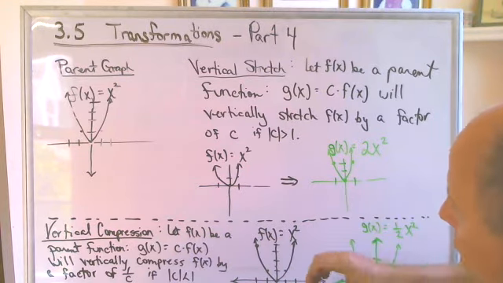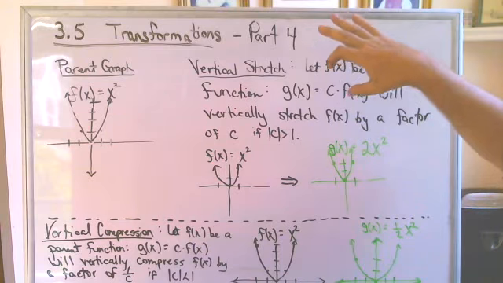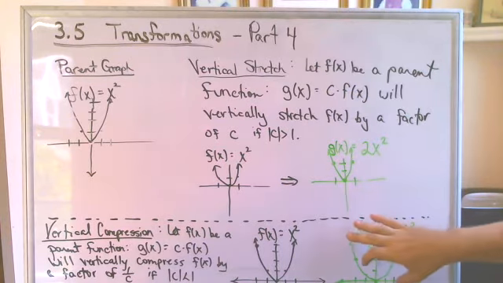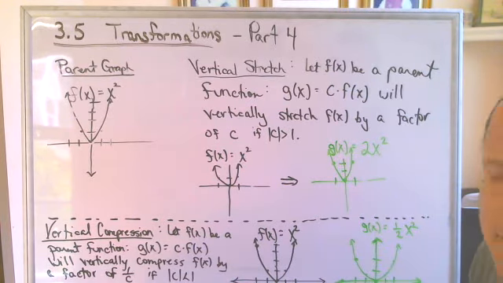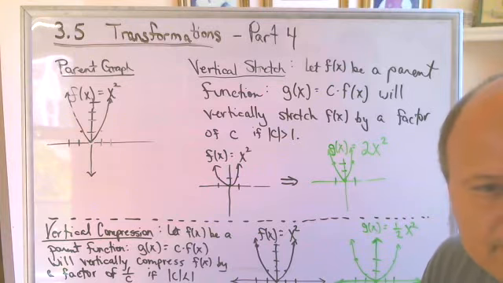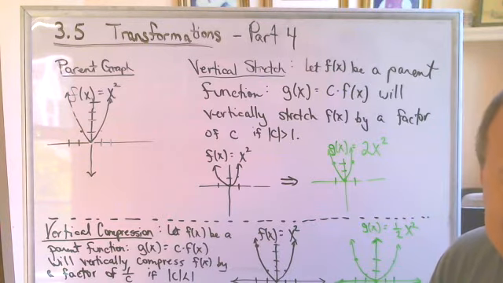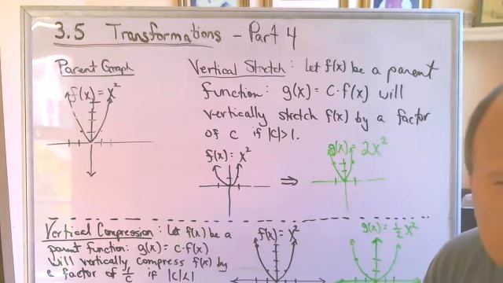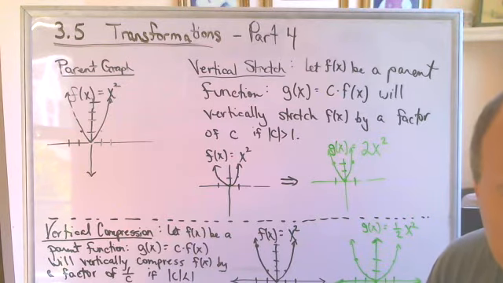So this one here stretches it out, and this one makes it look kind of fat. But these are what I call distortions. The graph doesn't make an exact photocopy, but you can distort it and it still looks the same shape.